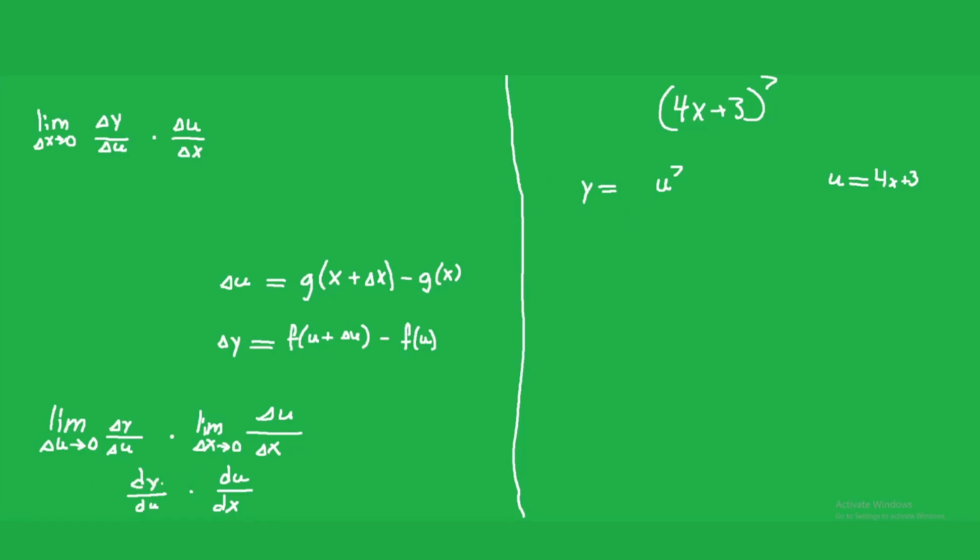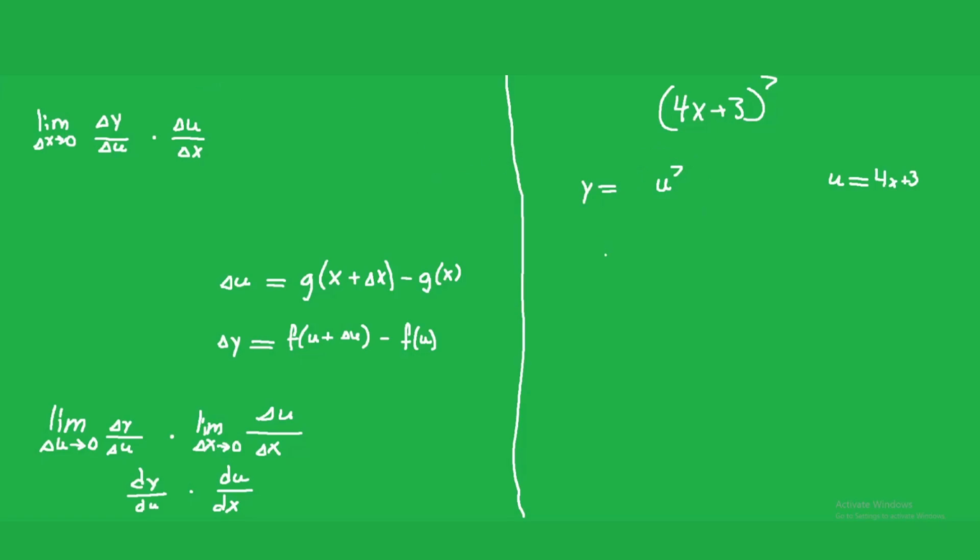have a formula down here, dy over du times du over dx. And I've already broken these into two composites, or two functions themselves, which is a composite in itself. So our first step is going to be taking the derivative of this, which, as you might notice, is dy over du. It's our change in y with respect to u, not x, because there's no x in this situation.